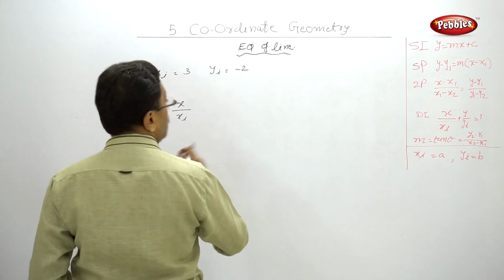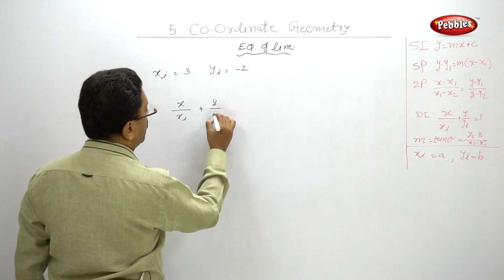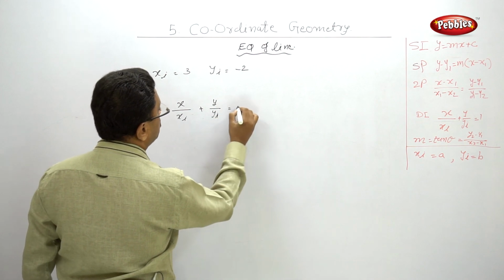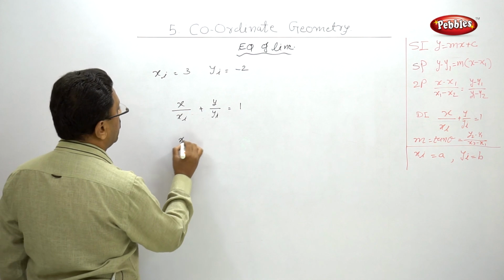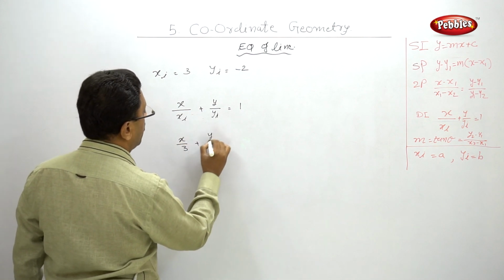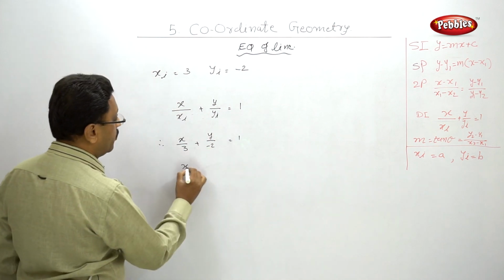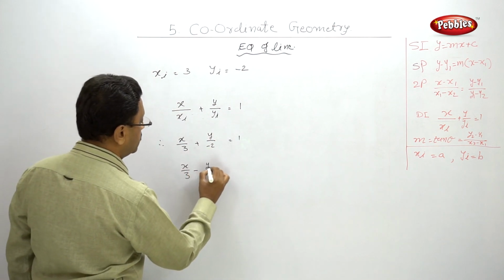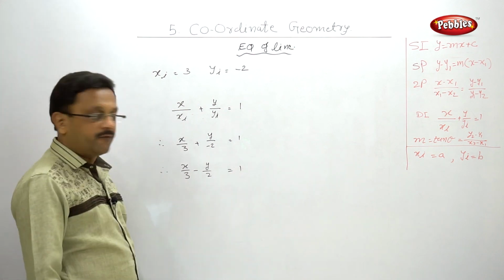So we have x upon a plus y upon y-intercept is equal to 1. Now only substitute. X upon 3 plus y upon minus 2 equal to 1. So we have x by 3 minus y by 2 is equal to 1. Now we have to further simplify it.